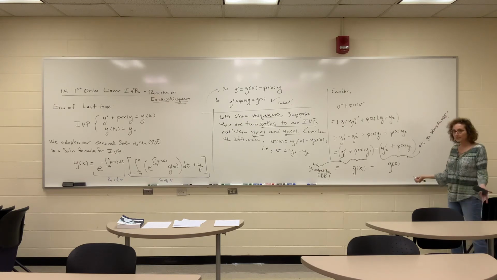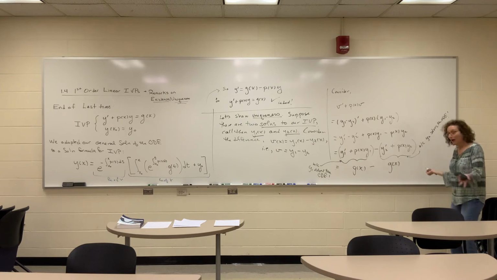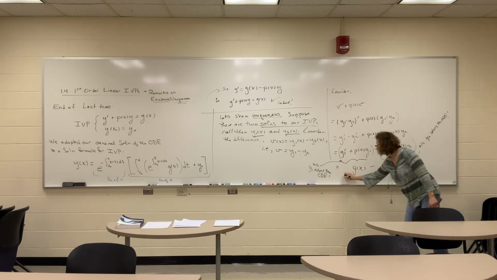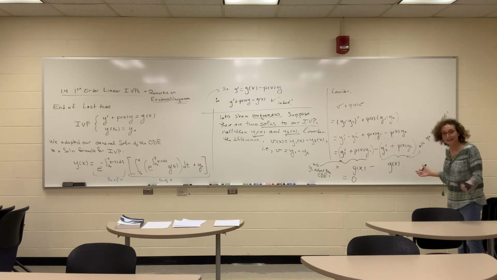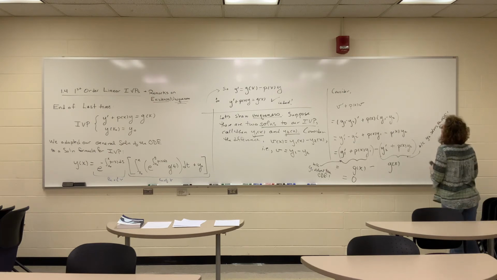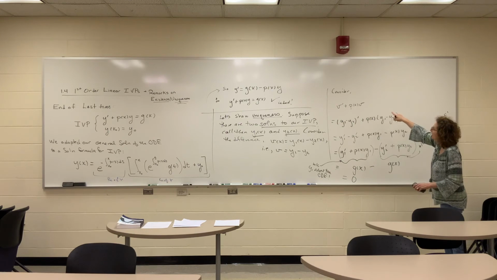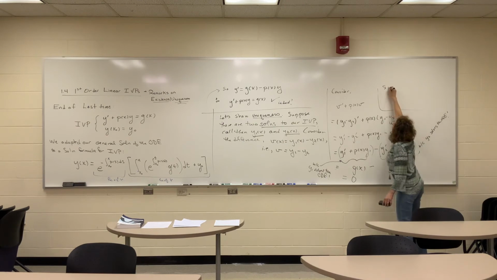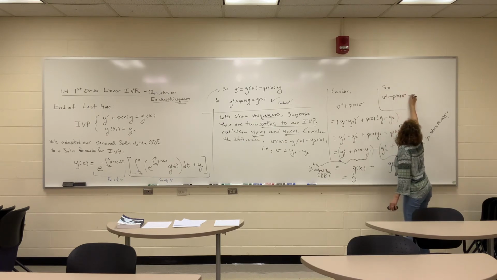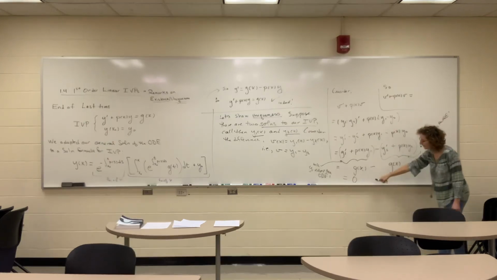But what is g of x minus g of x? 0. Beautiful. Awesome. Fantastic. So what do we know about v prime plus p of x times v? Let me try that again. So v prime plus p of x times v is equal to what?